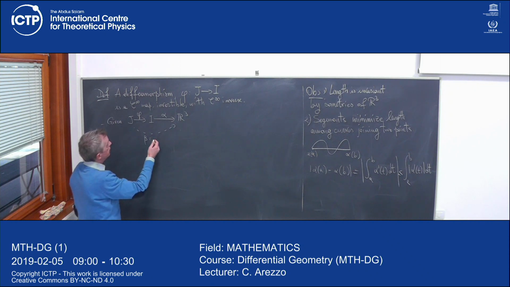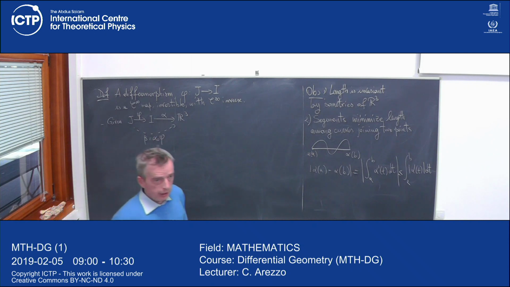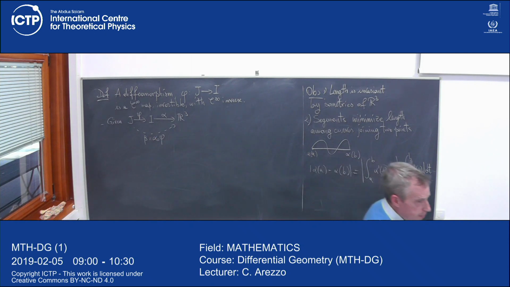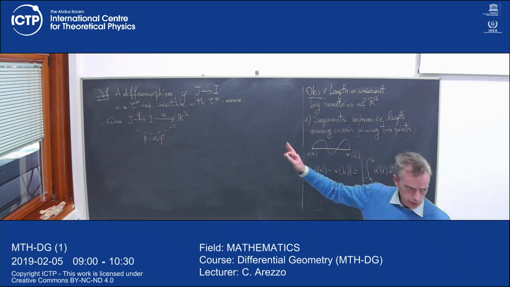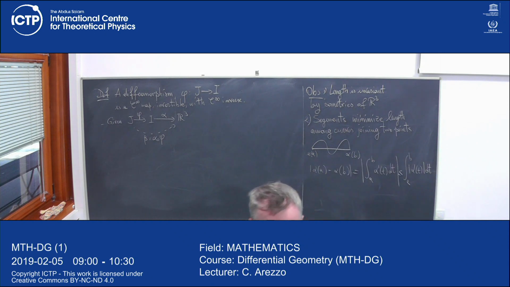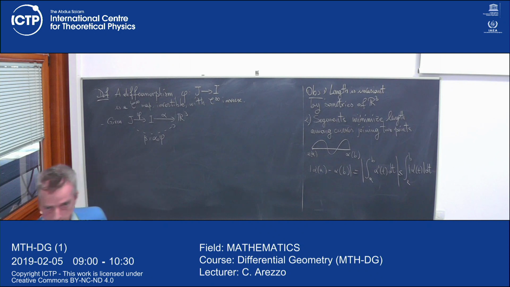So this is alpha composed phi. So this is another curve, but of course it has the same image. This is again passing from the straight motion to the pendulum. Well, actually the pendulum is not a diffeomorphism. Sorry, I mean an arctan.